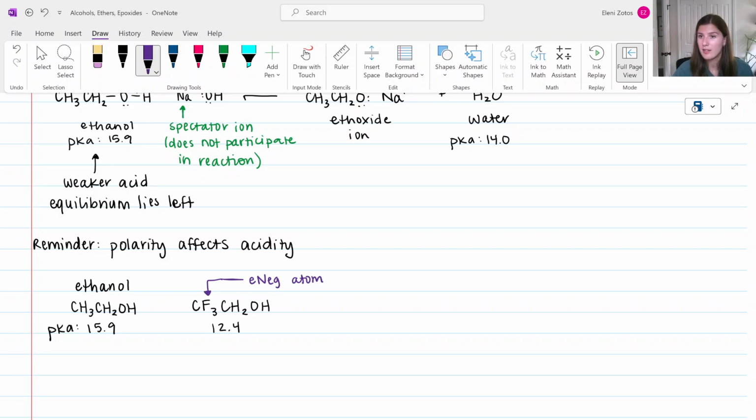And this is what we call the inductive effect. So the electronegative atom pulls electrons, which makes the hydrogen have a stronger partial positive charge, and this is the inductive effect.